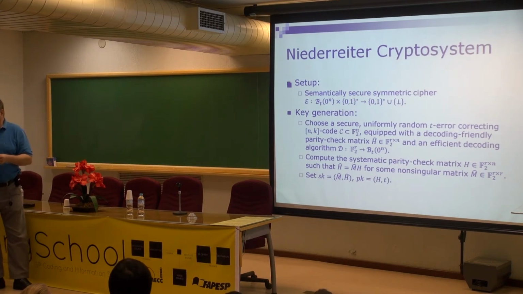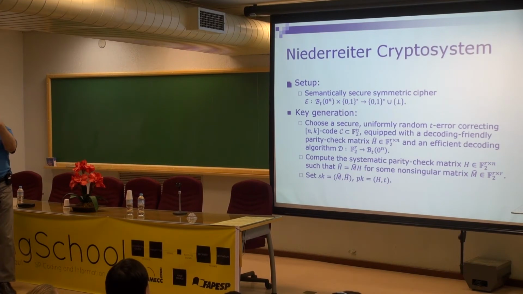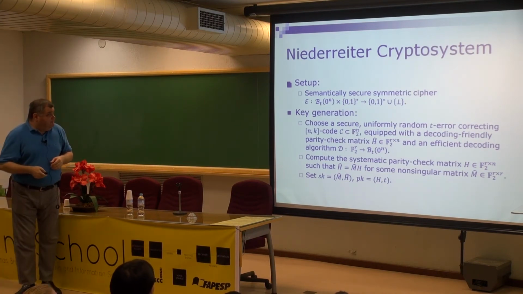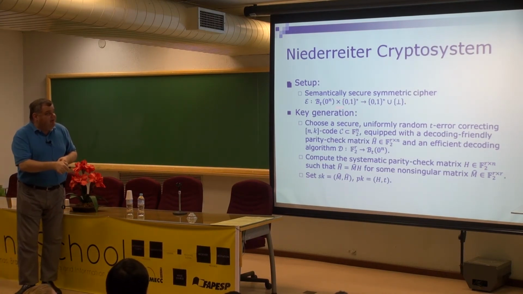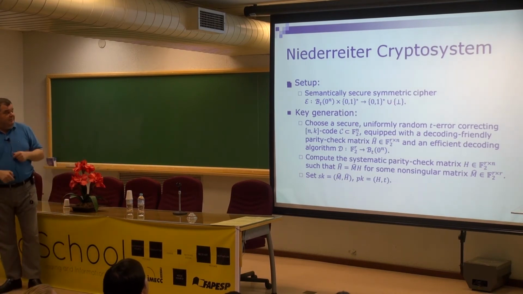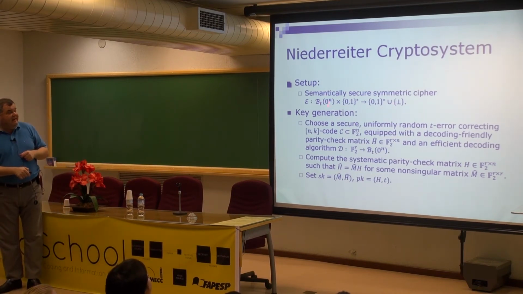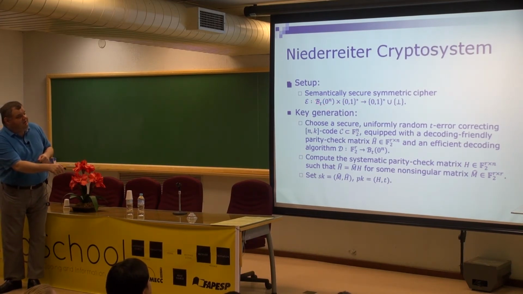So Niederreiter will use the dual representation. Instead of using a generator matrix, we will use a parity check matrix. We need a semantically secure symmetric cipher as well, but here the key will be an error pattern.